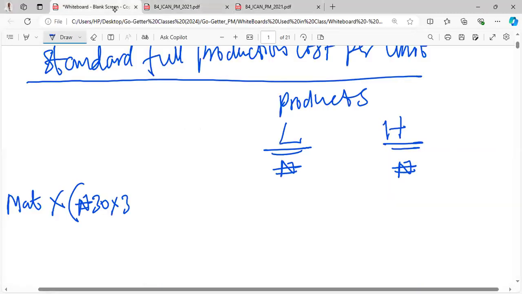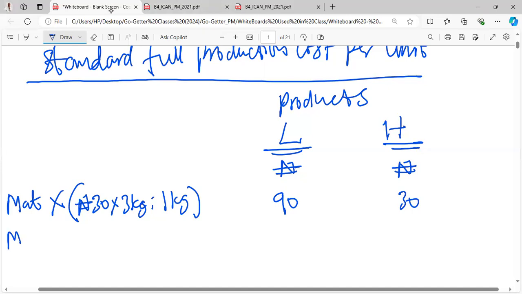Now, when you do it like this, what it means here is this 30 multiply by 3, this 30 multiply by 1. So that's 90 naira here. That's 30 naira here. That's for material X. We go now to material Y.